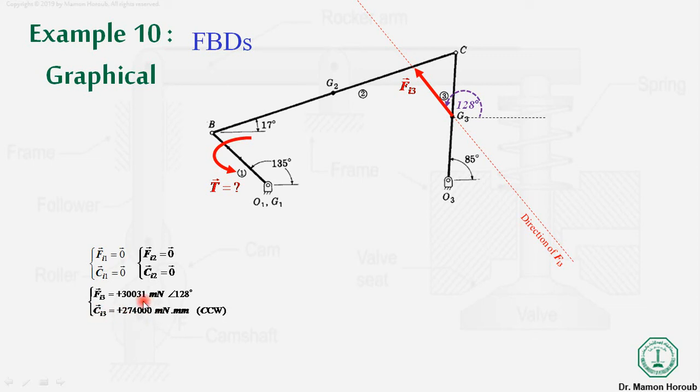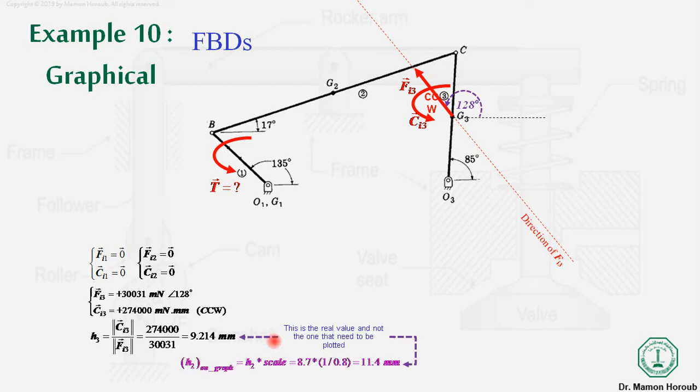In order to cancel the effect of this inertial moment, this force has to be applied at a certain offset distance. This offset distance is calculated by dividing the reactive moment by the reactive force. Over here we can have this distance, and using the same scale, we can move the force over there.